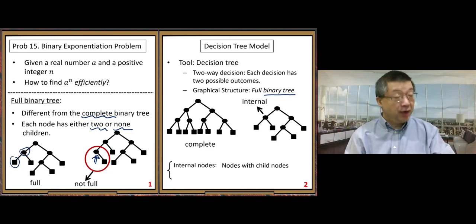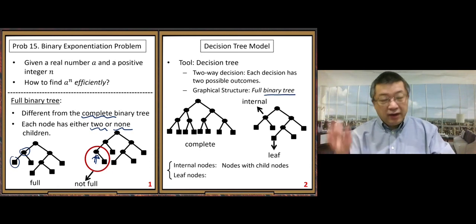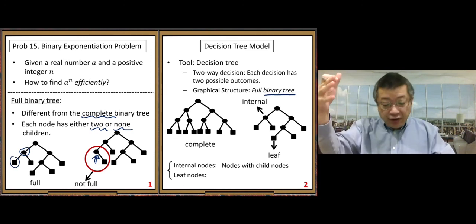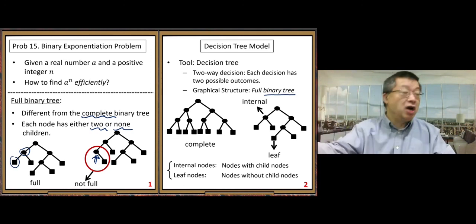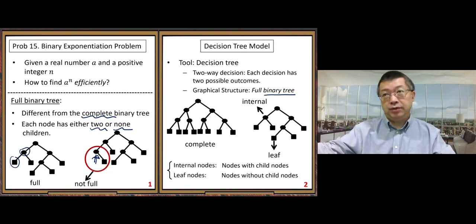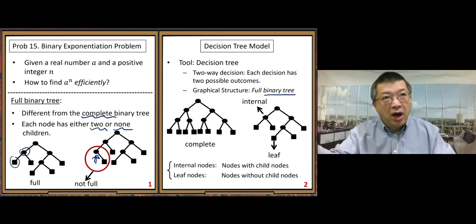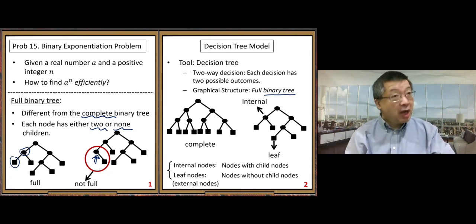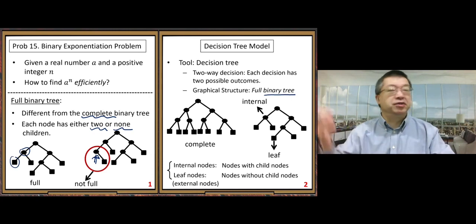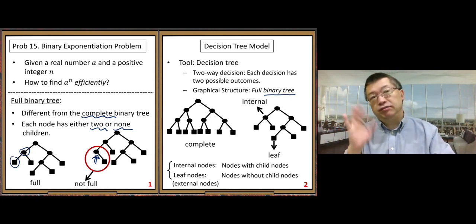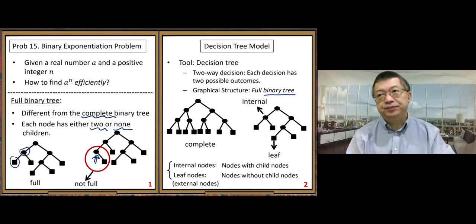Then the second type, leaf nodes, are nodes without child nodes. Sometimes people also call them external nodes. Leaf nodes, external nodes, just two different names.